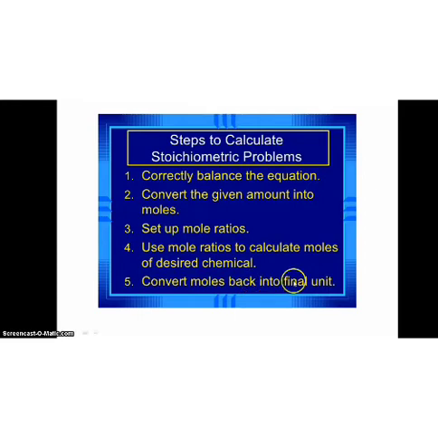And convert the moles back to the final unit. So these are the steps to calculate stoichiometry. First write the balanced chemical equation, then find the number of moles, then set up a mole ratio, and from the mole ratio calculate the moles of the reagent you need, then convert back to the final unit.